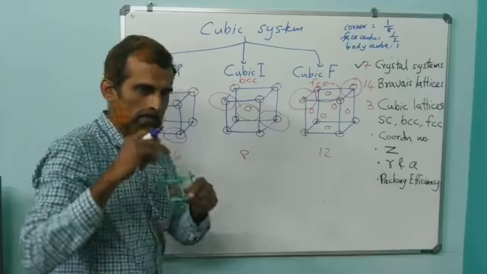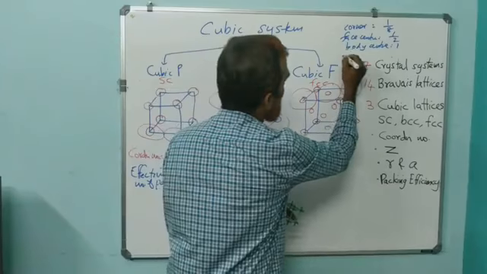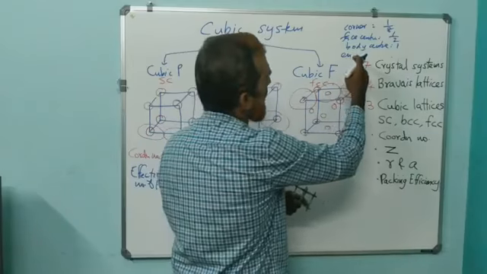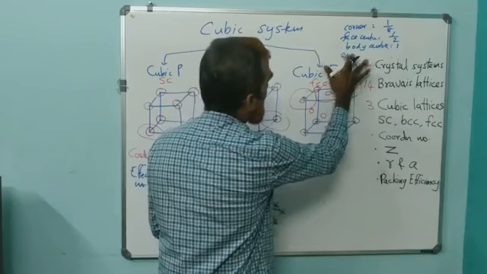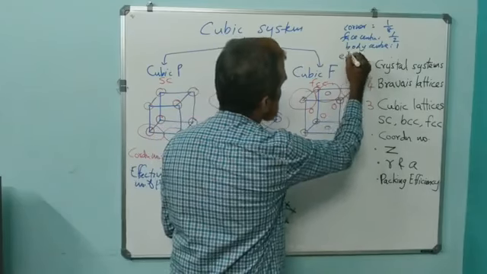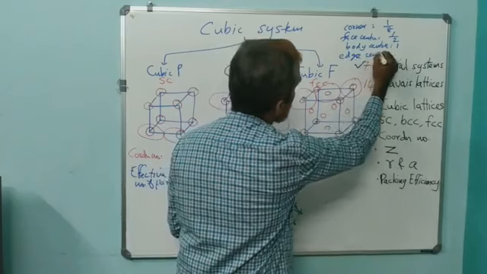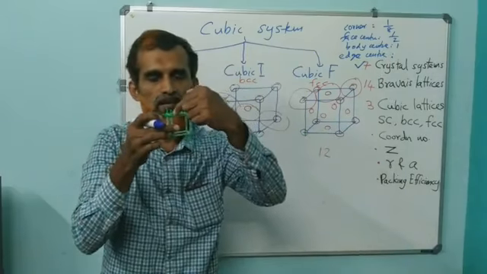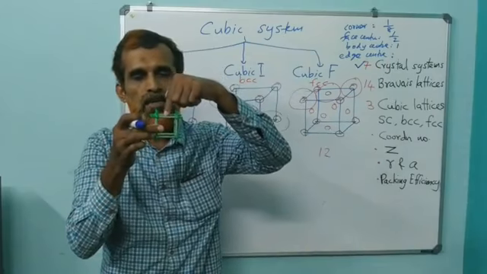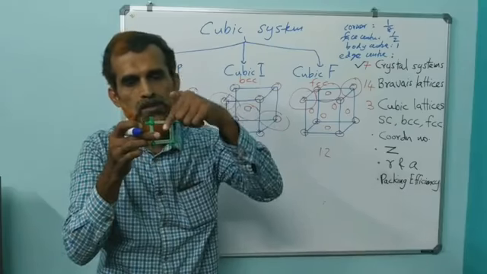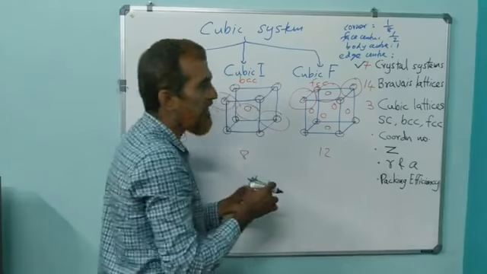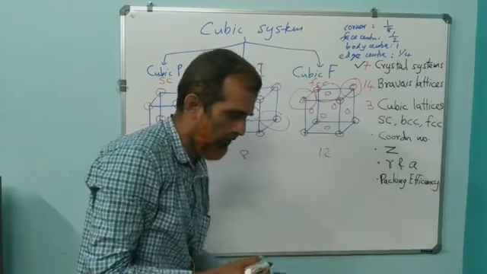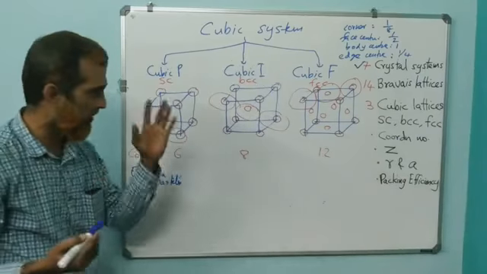There are also some Bravais lattices that are end-centered, which will of course be like face-centered. And there is another possibility at the edge, edge-centered. If there is a particle at the center of this edge, it is common to this cube and 2 above, so 4 cubes share an edge. So the share is 1 by 4. Keeping these points in mind, we can come to the calculation of the effective number.